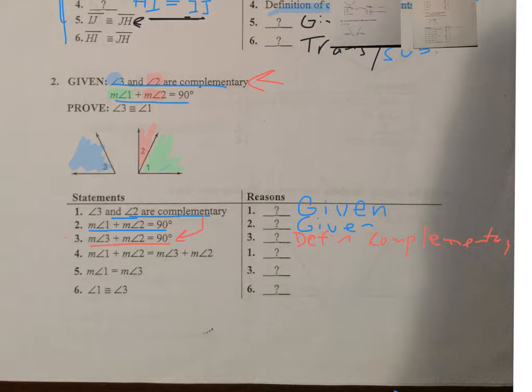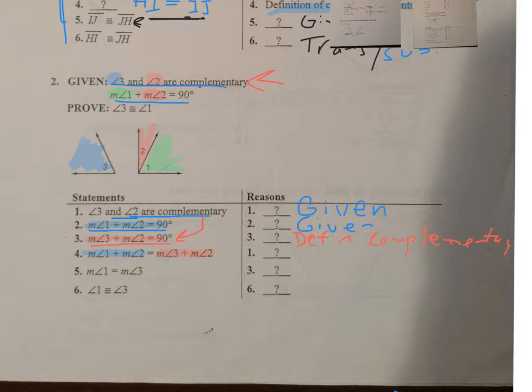Okay, so now, let me grab my highlighter again. I know a couple of different things. The first thing I know is that angle 1 plus angle 2 is equal to 90, and I know that angle 3 plus angle 2 is equal to 90. All right, well, here's what I've done now. I have taken angle 3 and angle 2 and put them on one side, and I have taken angle 1 and angle 2 and put them on the other side.